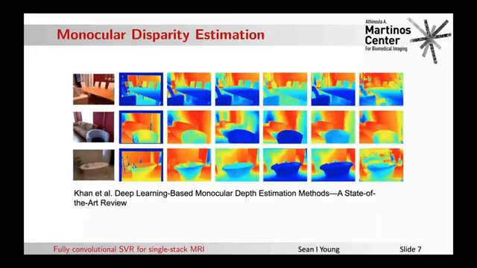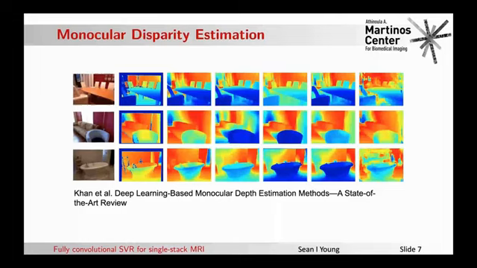I looked at this before I joined Martino's. This was very hot at Intel Labs, in Vlad Koltun's group, where he pioneered some of these techniques. I was thinking, okay, this is great, but then I joined the center, and some of the people there and at MIT were working on slice to volume reconstruction, where the problem is to go from a stack of MR slices to the underlying volume.